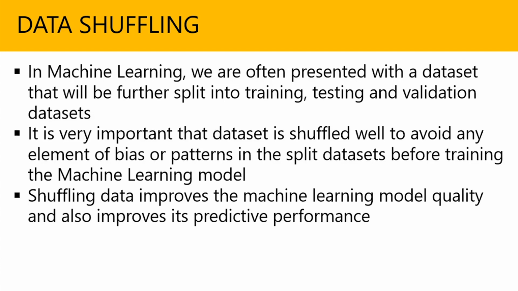So it's important that the data set is shuffled, okay? So it's randomly shuffled to avoid bias or formation of patterns within the split data set before training the actual machine learning model. Shuffling data simply improves the machine learning model quality and also improves the predictive performance. So these are again part of the data collection, integration, data management, because 80% of the time in machine learning, you would be preparing your data.